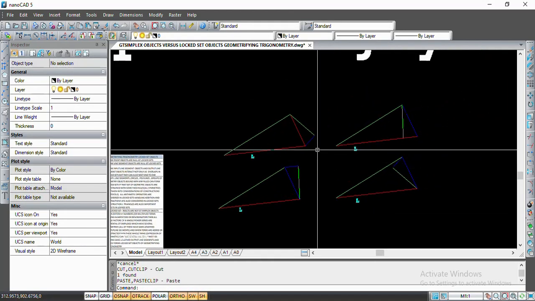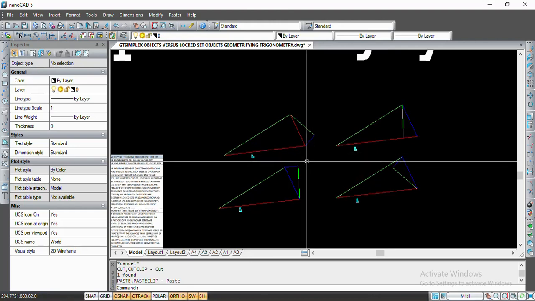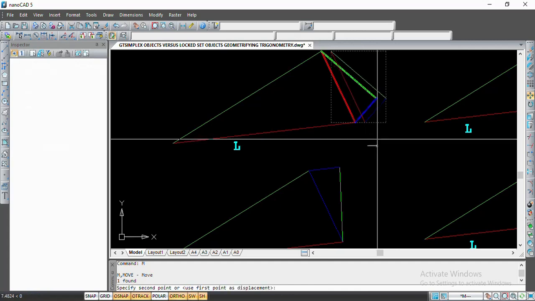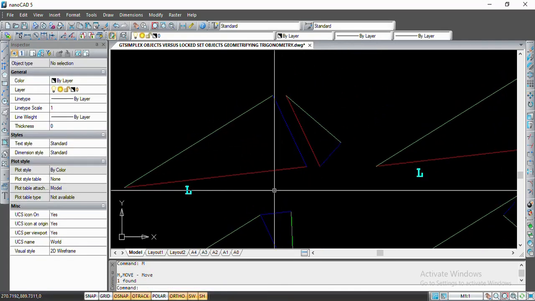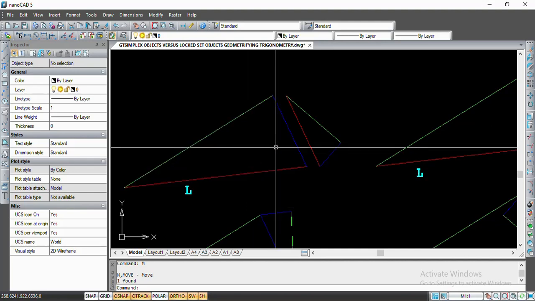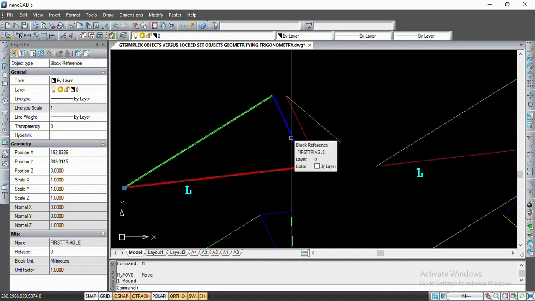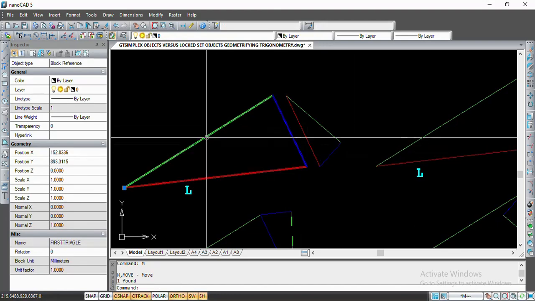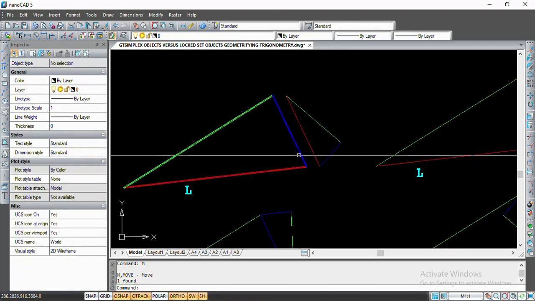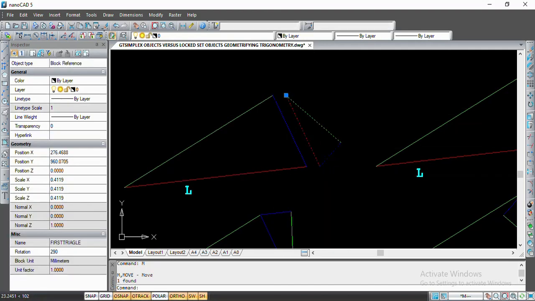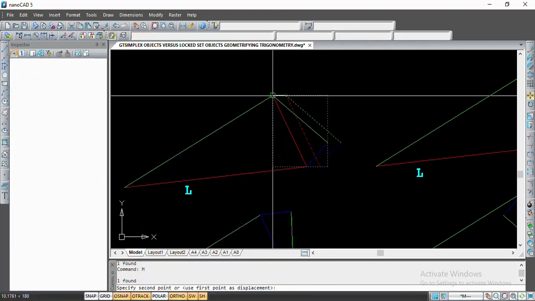Now what is the final output line segment? When we are multiplying these and when we are doing the align and scale to fit operations, then this line segment is the initial line segment, which is giving the output line segment, the blue one. If we take the output line segment as the green one, then our alignment has to be done on this side. If we take the blue line as the output line segment, then we have shown the alignment.